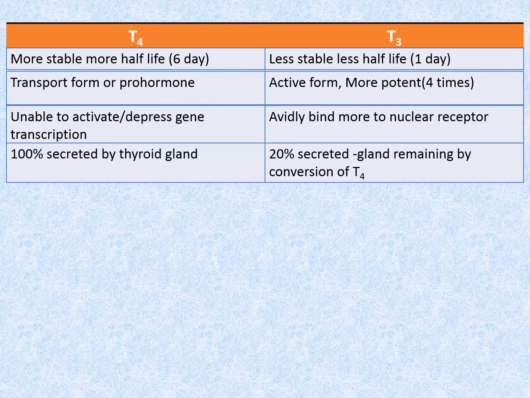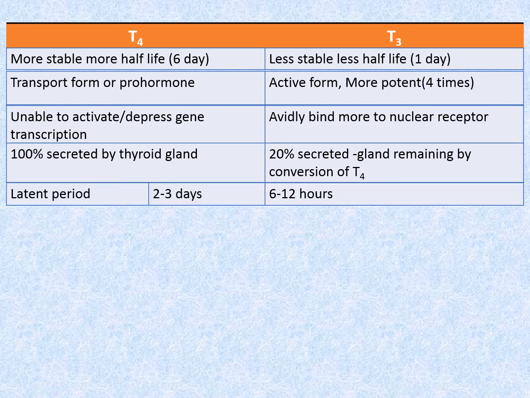Next, T4 is 100% secreted by the gland, while in case of T3, 20% is secreted by the gland and 80% is due to conversion from T4 to T3 by the deiodinase enzyme. The latent period for the action of T4 is 2 to 3 days, while for T3 it is 6 to 12 hours.